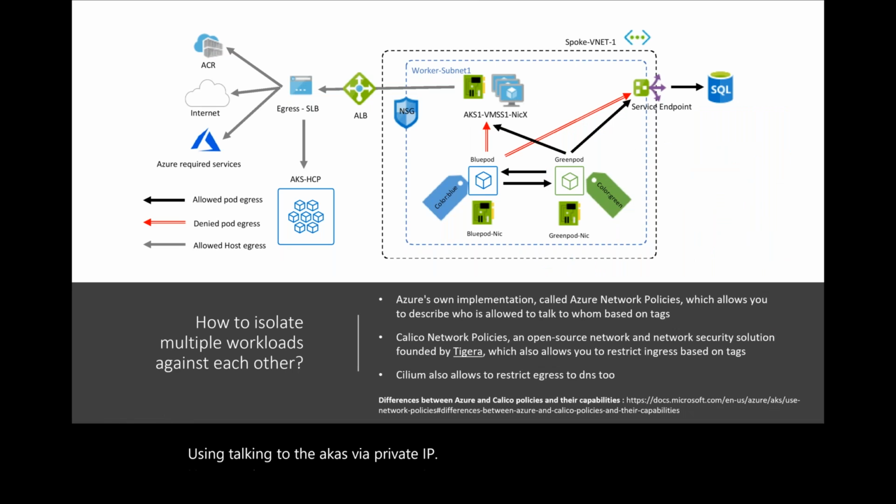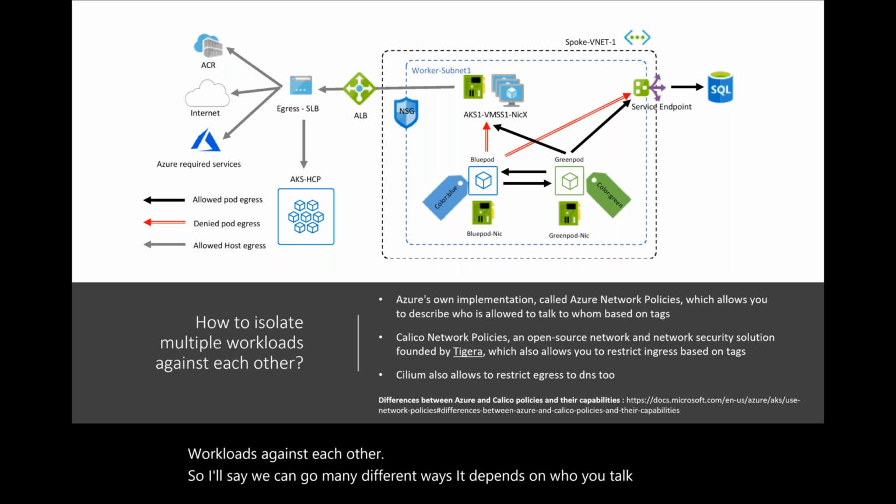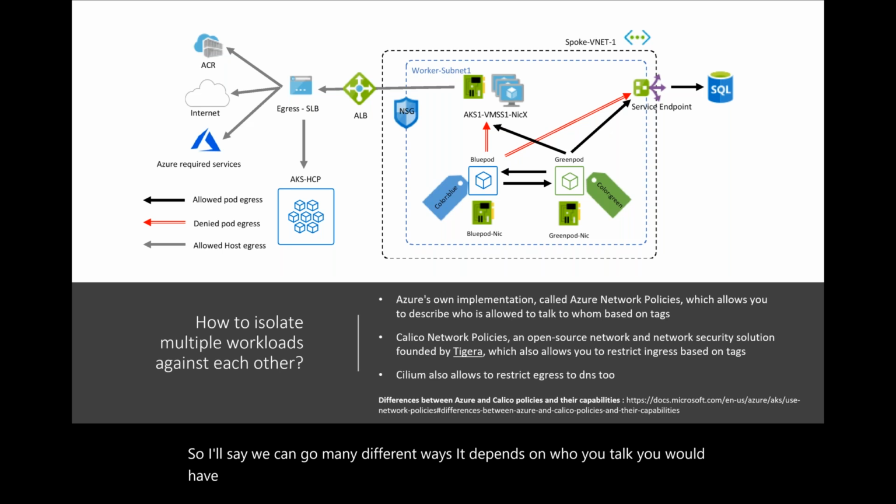So how can I isolate workloads against each other? We can go many different ways. It depends on who you talk to. You would have different solutions for this question. Here are just some examples.